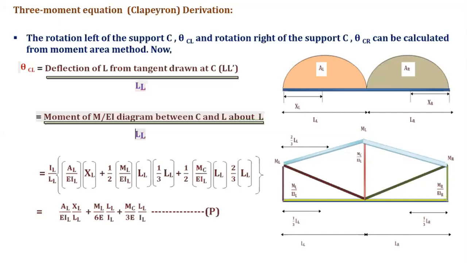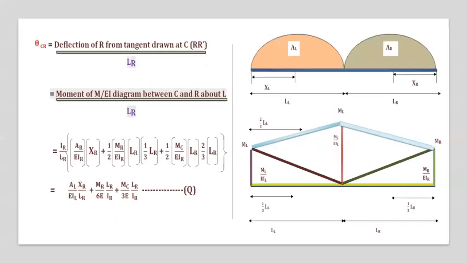Now theta CR. Theta CR equals IR by LR, the moment of inertia for the right span by the length of the right span, for AR by EIR.